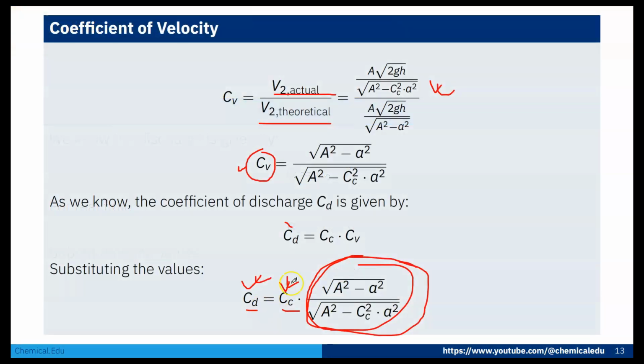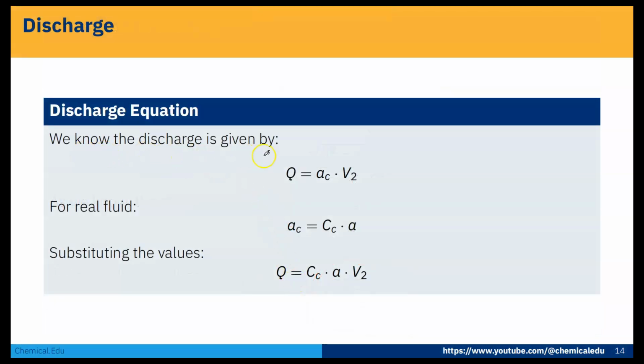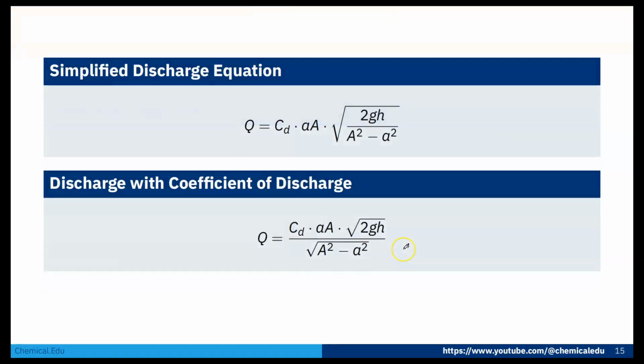So after getting CD, we know the discharge Q is nothing but AC into V2. So AC we know is CC into A. So Q will be CC into A into V2. So V2 we already know.